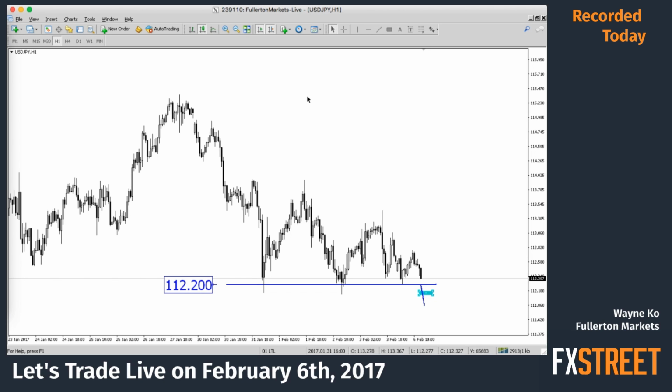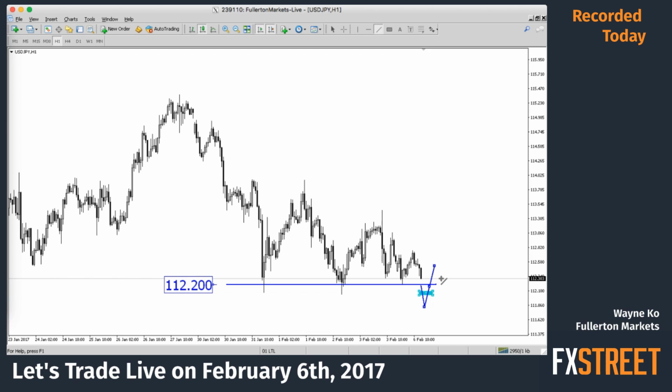Else, I would suggest to exercise some caution in taking a breakout trade over here. Rather, I will wait for something like this to happen. After the break, price pushes further down, then retraces back up. Once it retraces back up, this is the time where I want to see whether it is a forced break or not. If it is a forced break, prices may move up further over here.